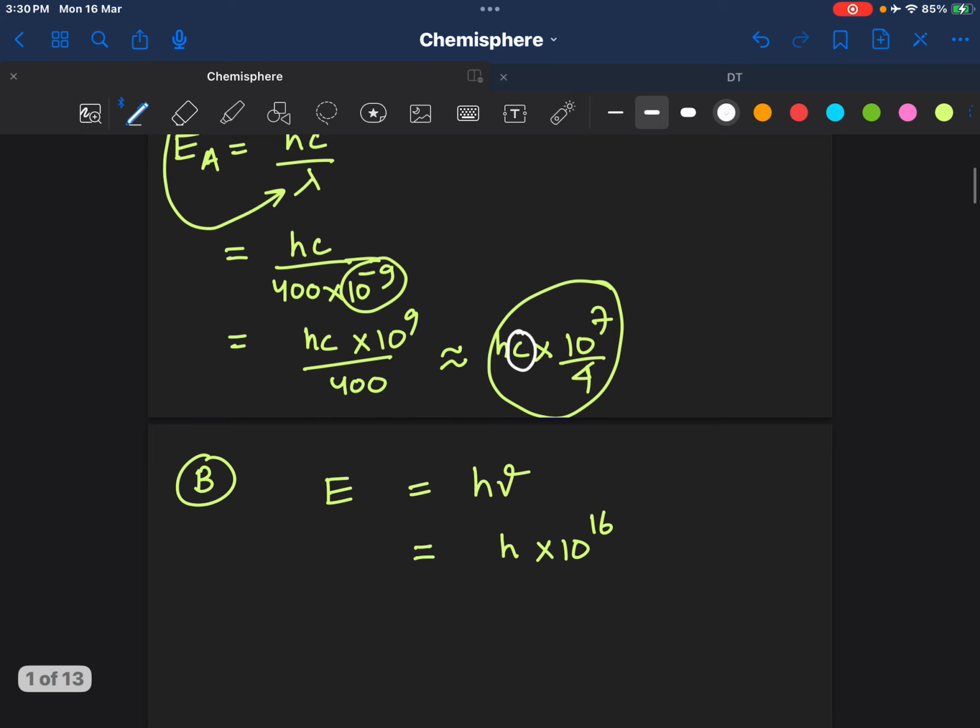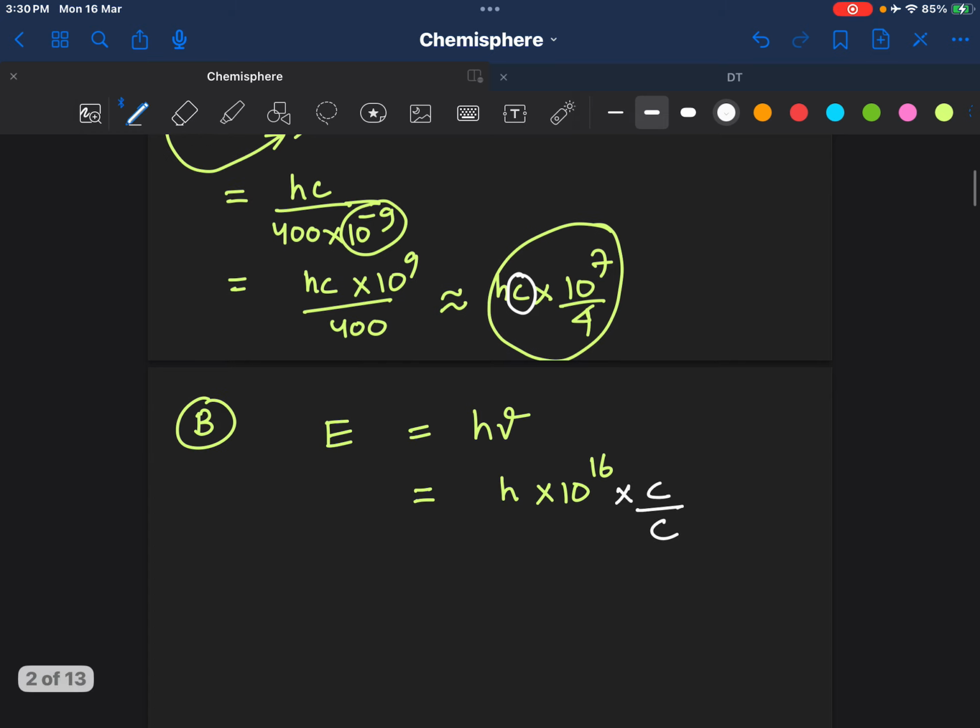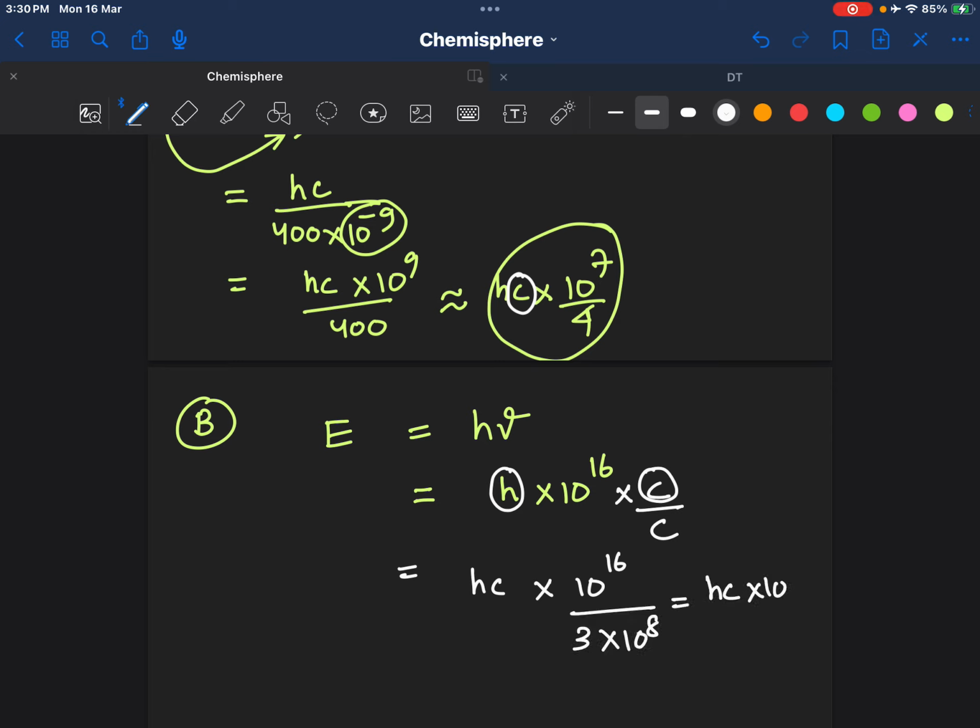To compare them, I multiply and divide by c, the speed of light, so that we have the hc term. Separating it out, this is hc into 10 power 16 by c, and with c equal to 3 into 10 power 8, this is hc into 10 power 8 by 3. Now we can compare them: for A it is hc into 10 power 7 by 4, and for B it is hc into 10 power 8 by 3.